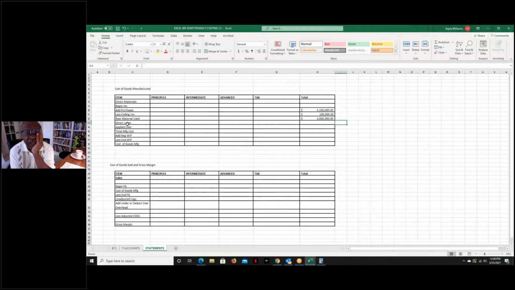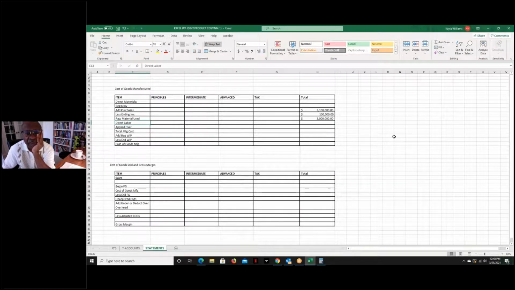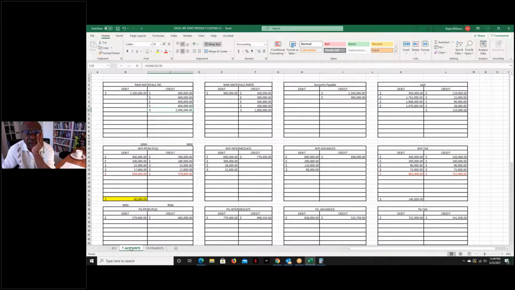And so now we're going to spread that across each book. Do you want to do it evenly, or do you want the actual numbers? Go to the principal book right quick.